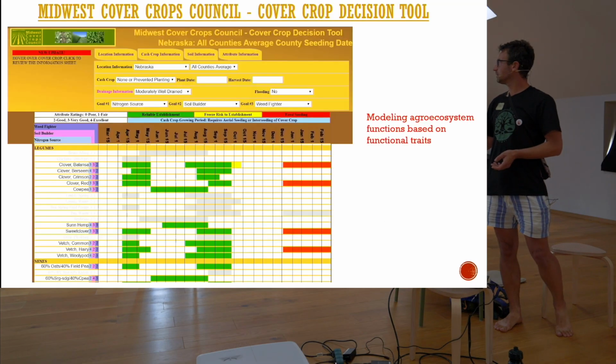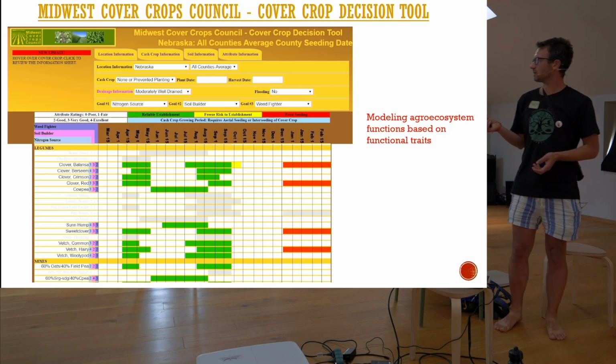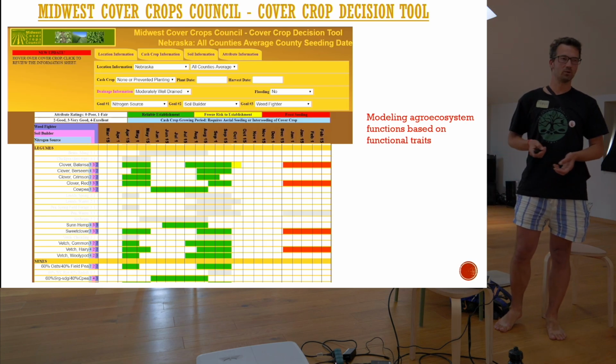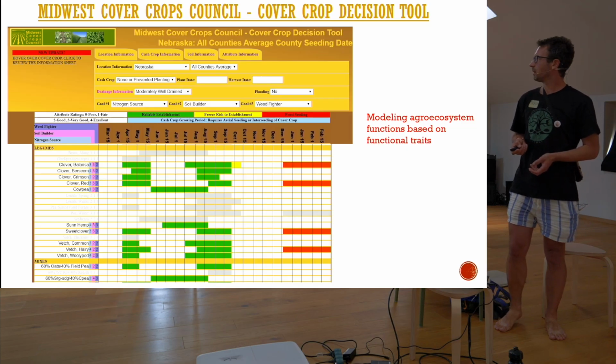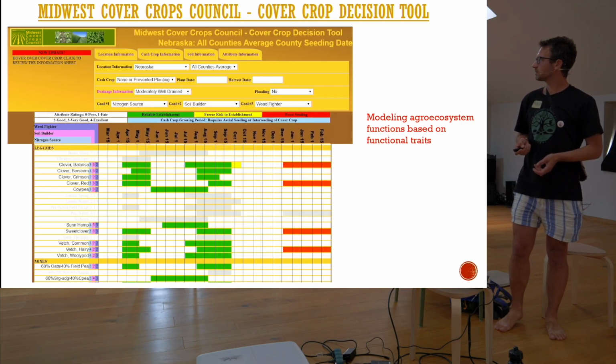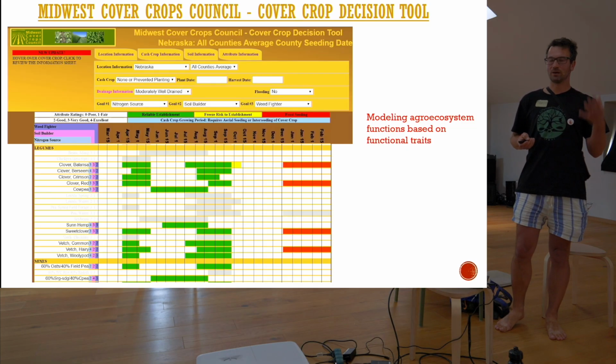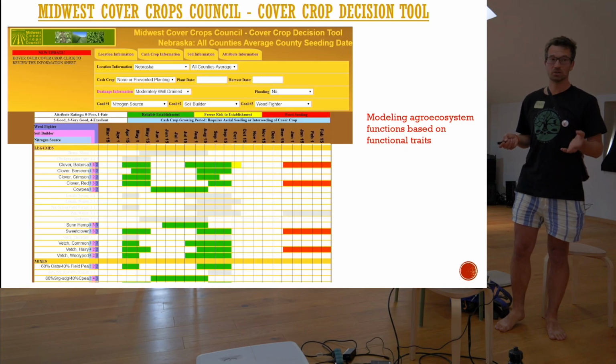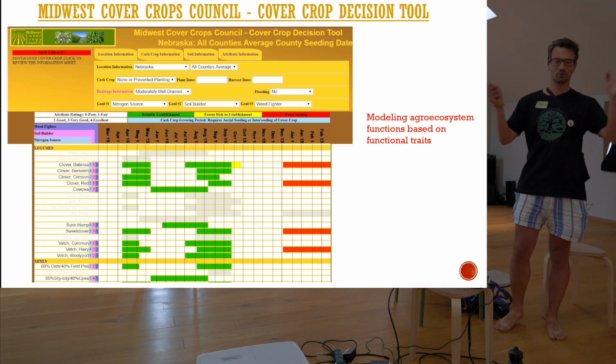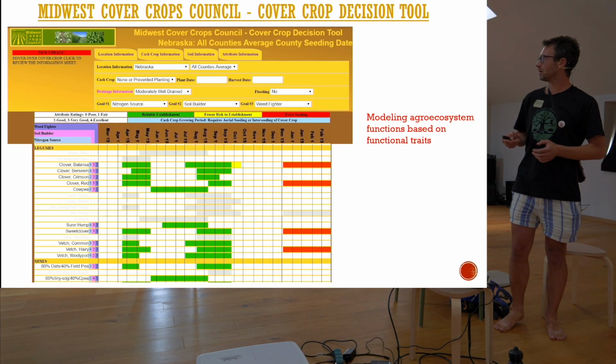And in this tool, you can see how this trait-based approach is used to select cover crops and possibly to design cover crop combinations based on cover crop impact on soil structure. So it's not one trait, it's a complex of traits, and on weed control.